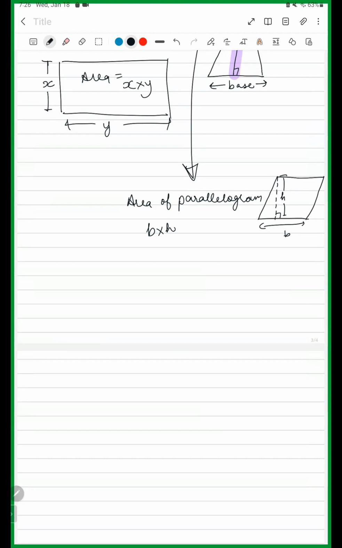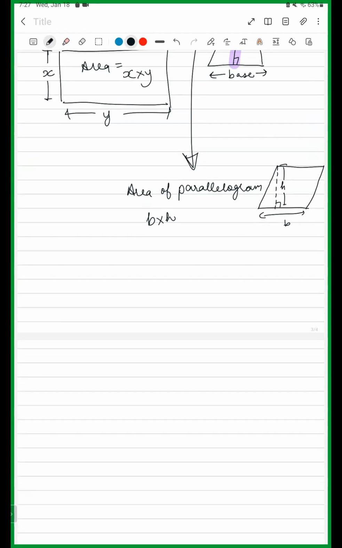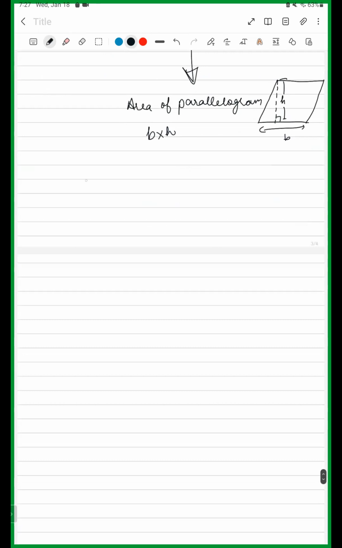Okay. Now अभी हम ट्राइंगल की बात कर रहे थे ना? I asked you कि फिर आप ट्राइंगल का कैसे फाइंड करोगे? So let's see if you have a triangle. Or not triangle, let's do one thing.